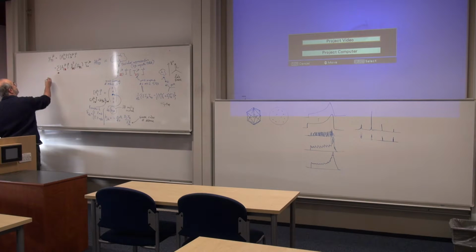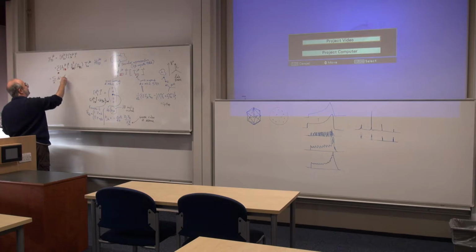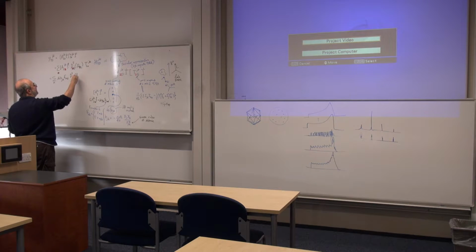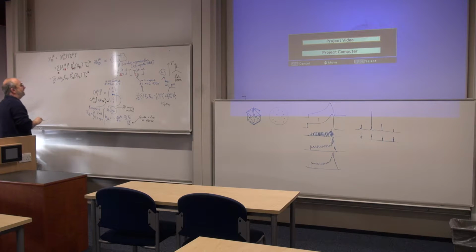So if we want to do it very explicitly, we could write it something like this. Delta, dipole-dipole coupling, root 6, delta M0, D2 M0, DL, 220 JK.